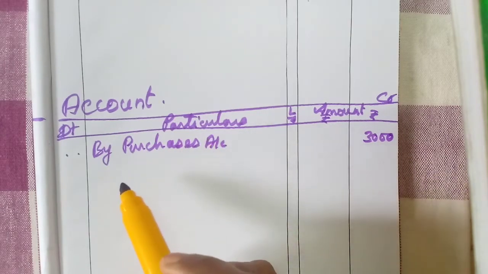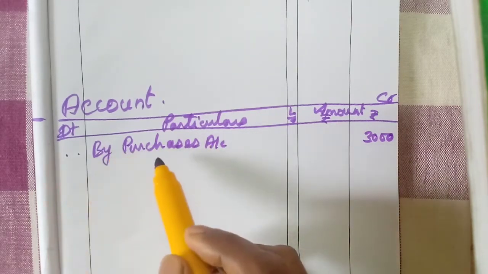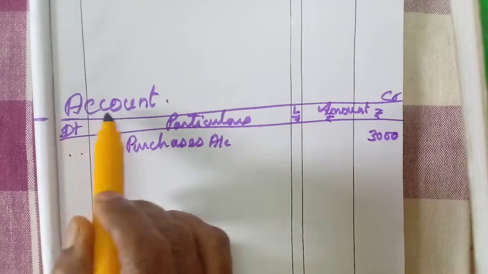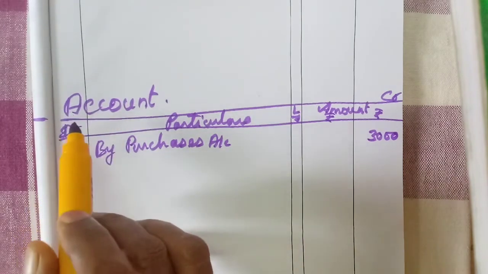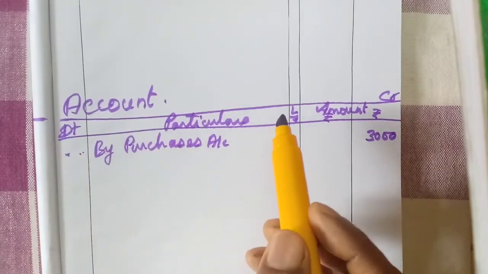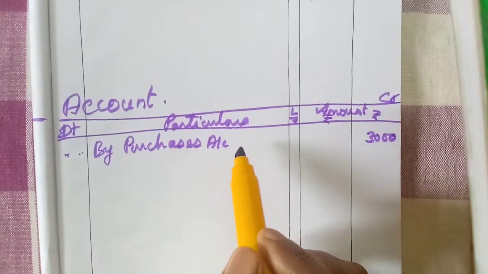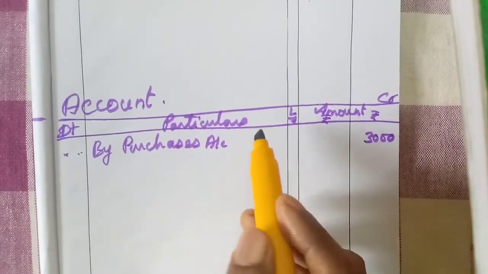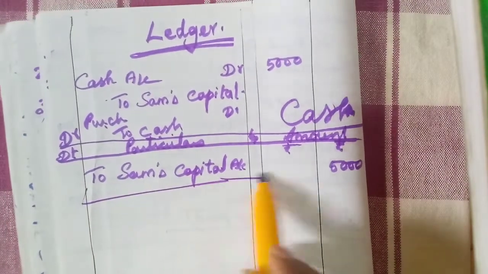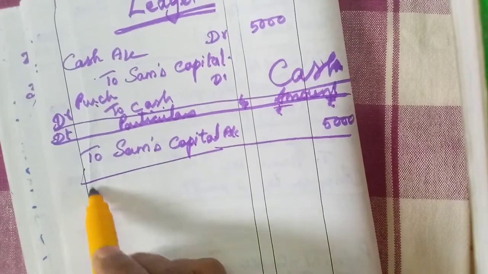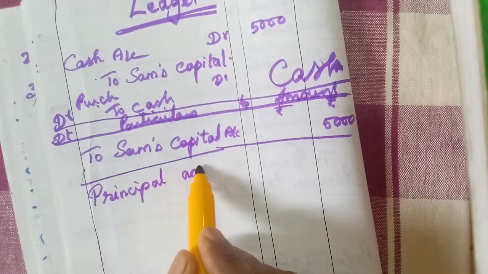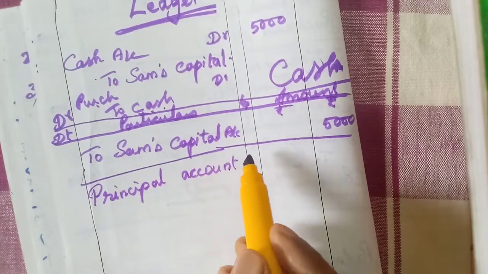In one account we will enter all the related transactions. We will post all the items that are related to that account. Here in the cash account, all the entries that we have prepared in a particular month, we have to post date wise. So the ledger account is called the principal account, the main account, because we can come to a conclusion.